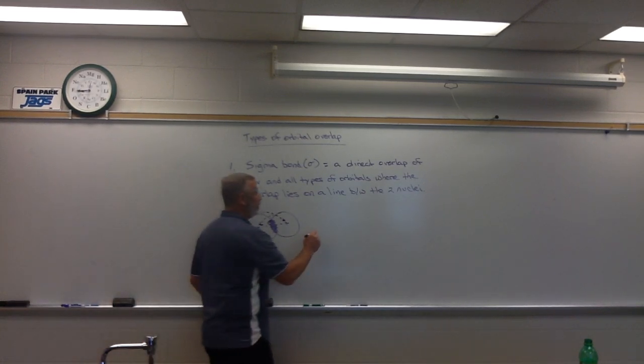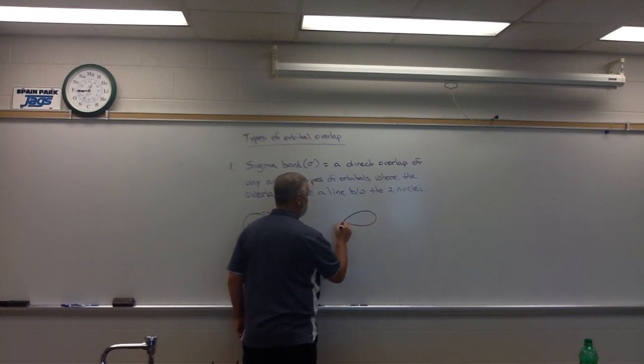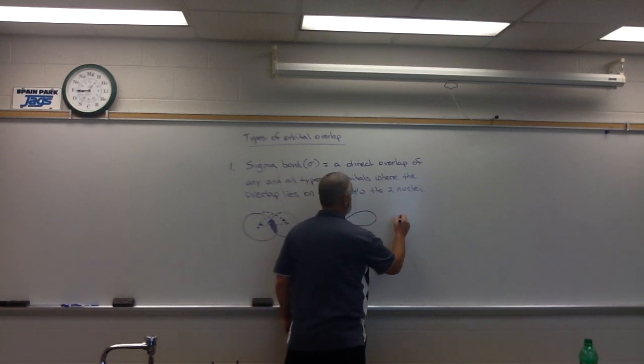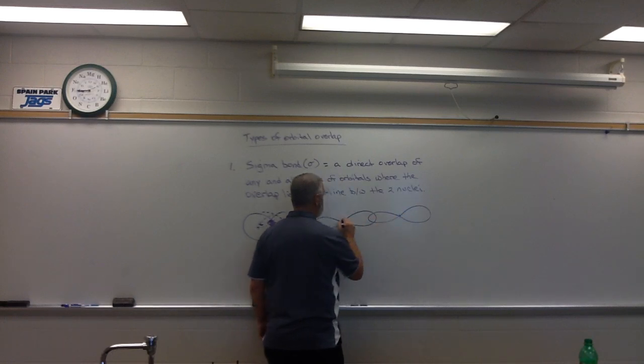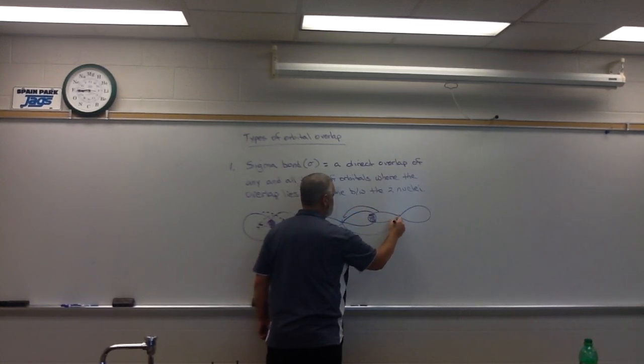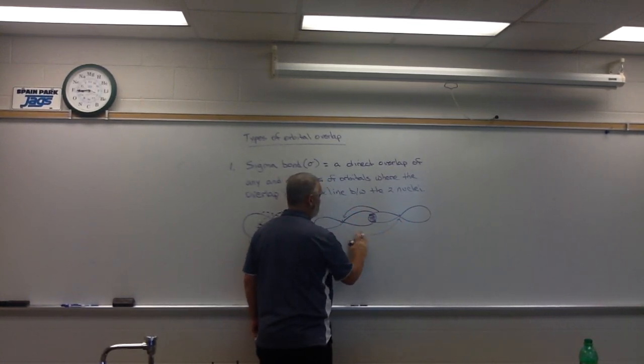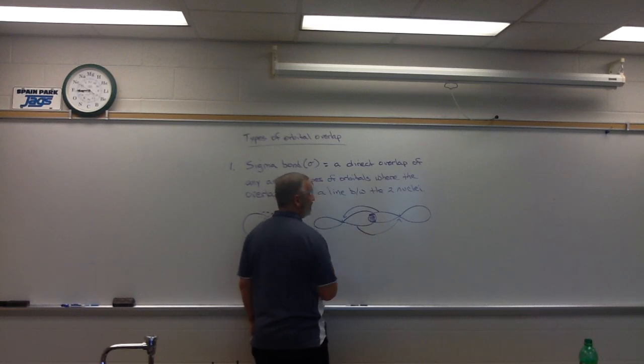Now, you can have two p orbitals. That's the nucleus. This is the nucleus. Here's the overlap. Again, this electron is being drawn to that nucleus, and this electron is being drawn to that nucleus.